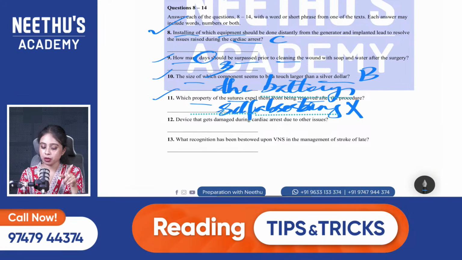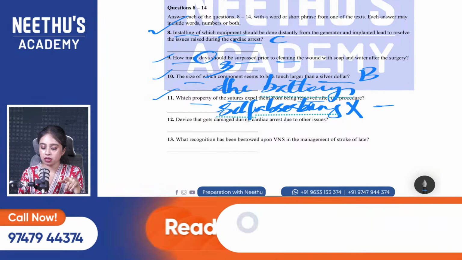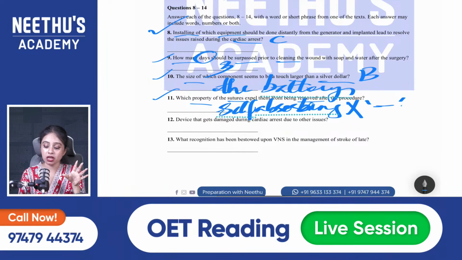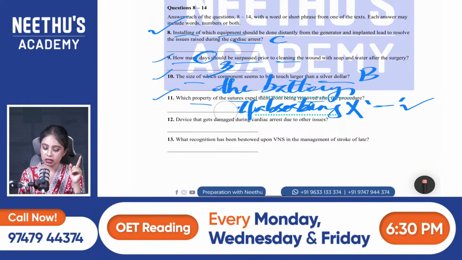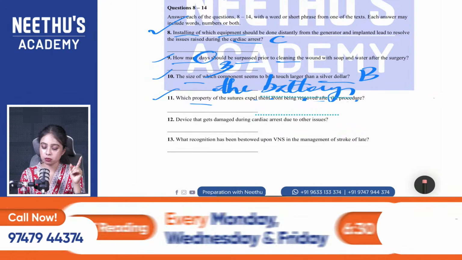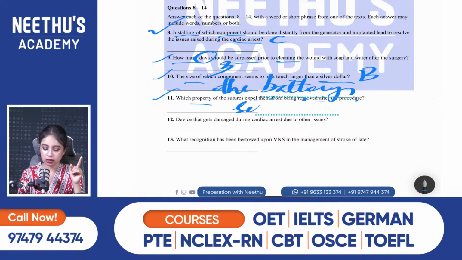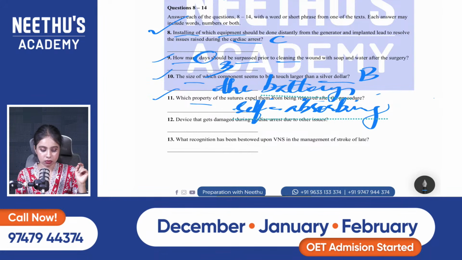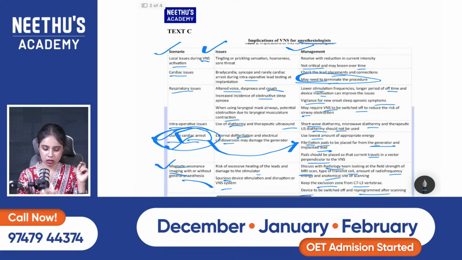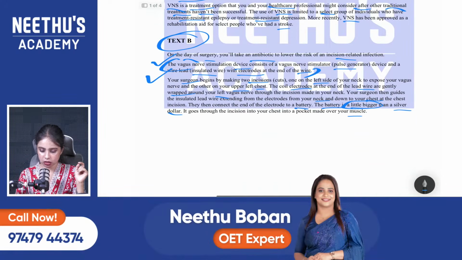Why? Because in the paragraph there is a hyphen mentioned. So hyphens are very important. So when you write the answer, do write self-absorbing. That should be the right answer. And it should be like self-absorbing. Okay. Yep. And that is mentioned here in text B, I guess.